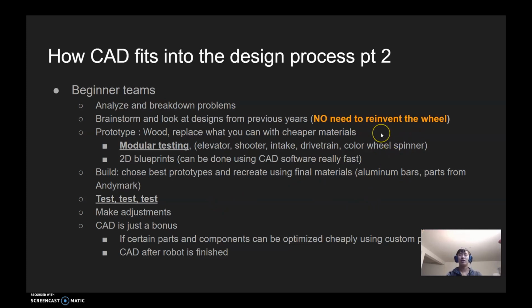There's no need to reinvent the wheel, alright? So I'll give a quick example here. Last year's game, as I already explained, you needed to shoot dodgeballs into a port. What that basically means is that you need a shooter hood. And it just so happens that FTC, which is a junior competition of FRC, had a game that involved shooting softball-sized balls into a funnel.